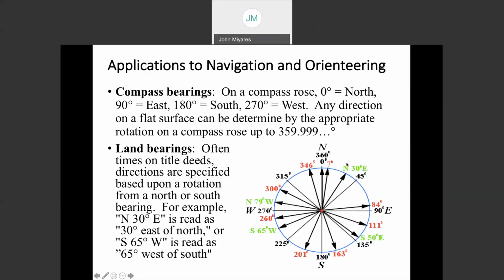Similarly, if you had S 65 degrees W, that's going to be read as 65 degrees west of south, which is this bearing over here. And that's essentially measuring 65 degrees from this north-south line over towards this bearing in the west.